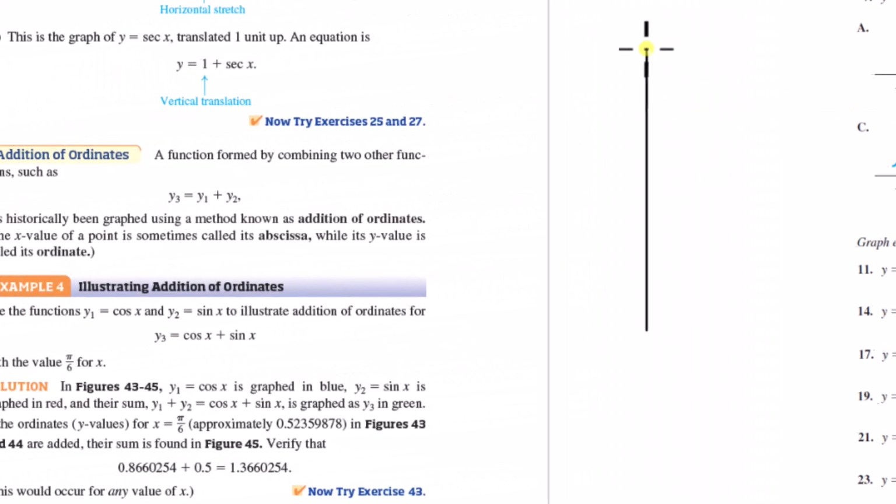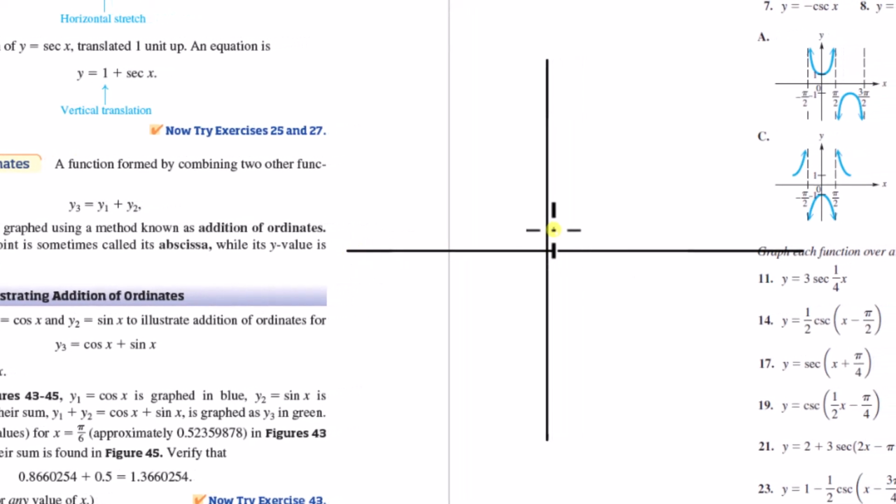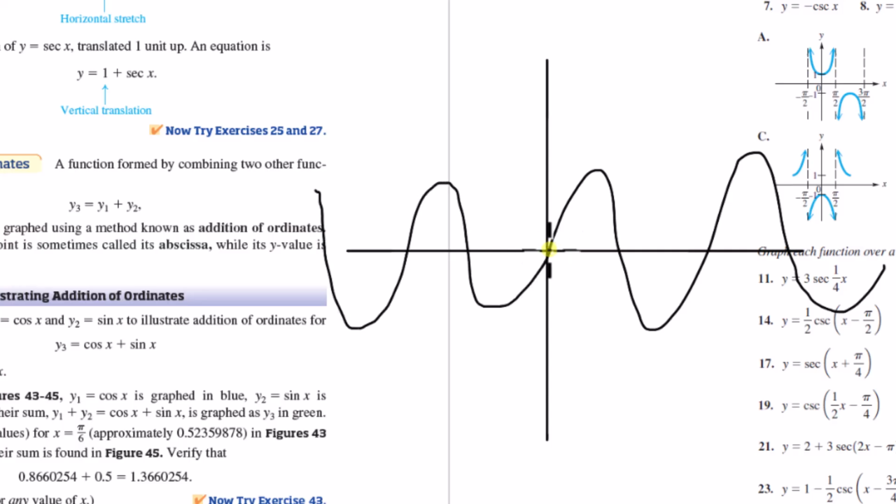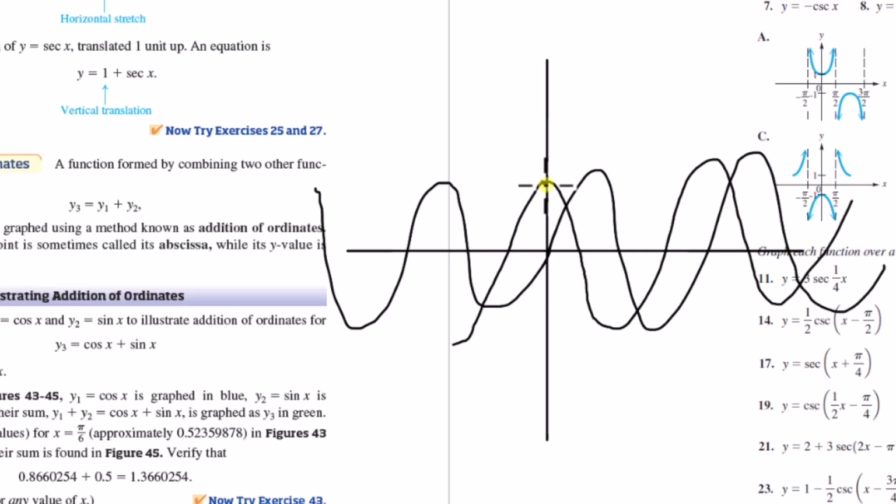So if this is sine and this is cosine, you're coming to an x value and adding this and this, and that's the sum of the function.